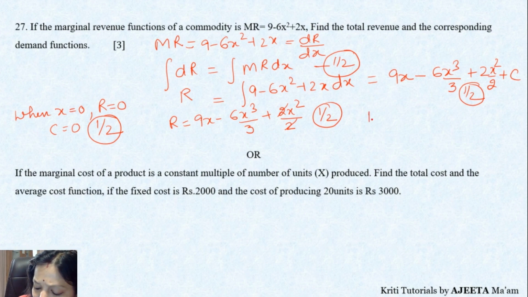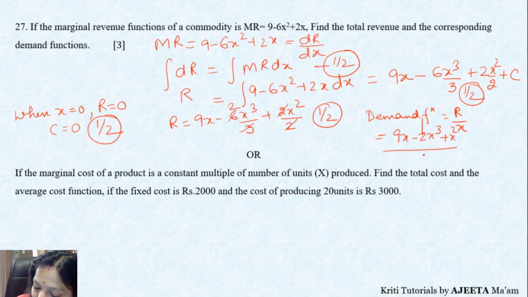And what is demand function? Demand function is always revenue upon x, correct? So that is what we have. So demand function हम directly निकालेंगे 9x minus 3 को भी हम 6 से divide कर देते हैं, 2x cube plus x square whole divided by x. So what's your final answer? 9 minus 2x square plus x.